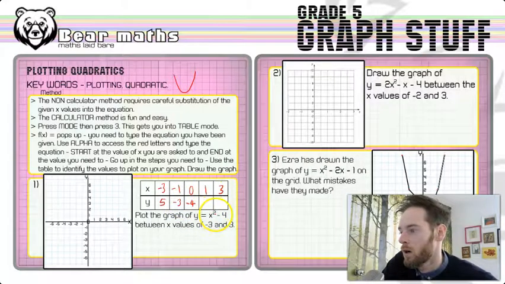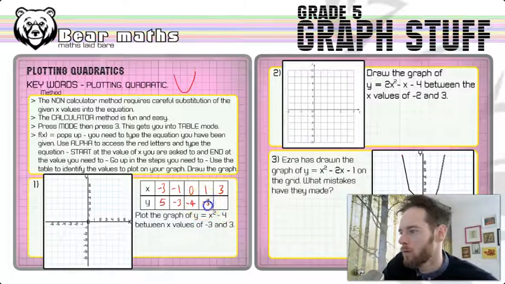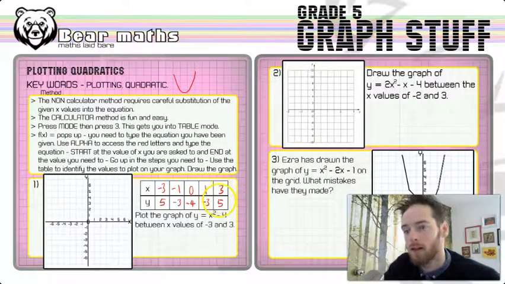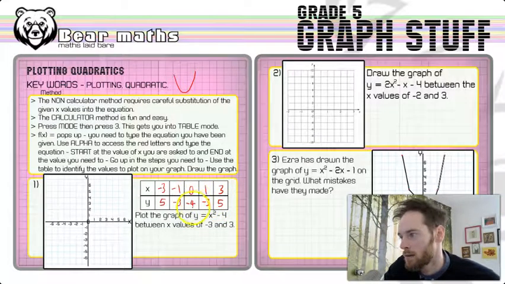And then 1 goes in, well, that's going to repeat what we did there, because 1 squared is the same as -1 squared. So 1 squared is 1, take away 4 is -3, and then 3 squared is 9, and take away 4, which is 5. There is a repeating pattern going on there. There's a point of symmetry, and that is this point here, 0.